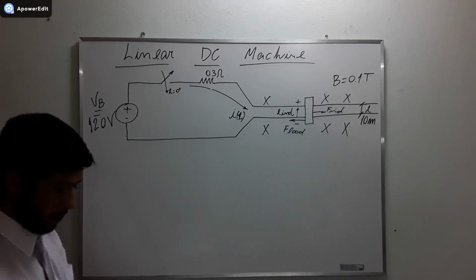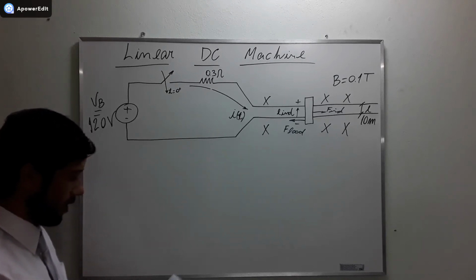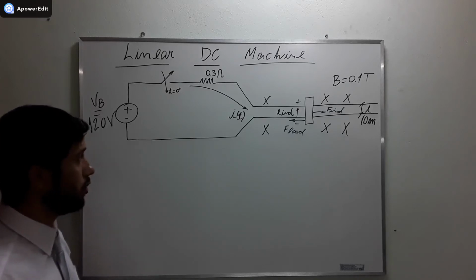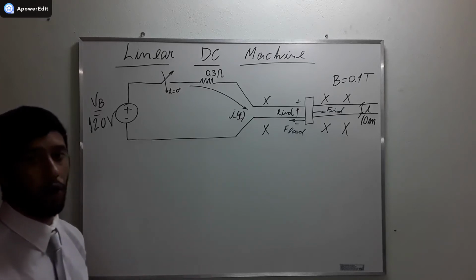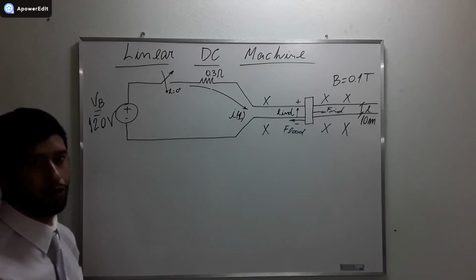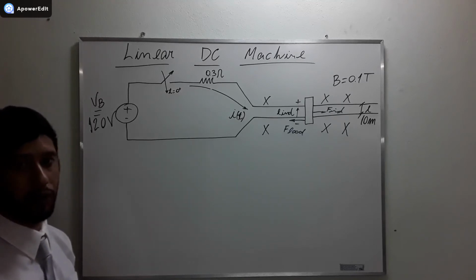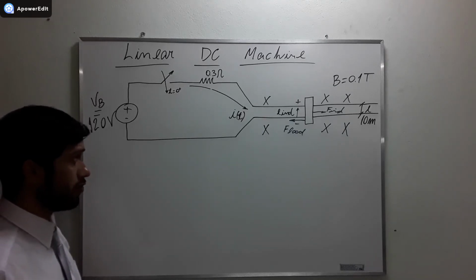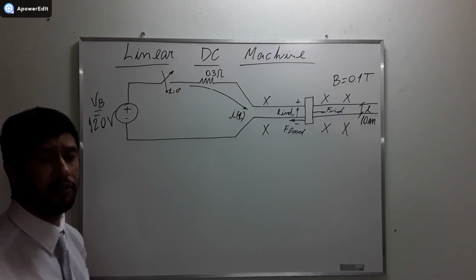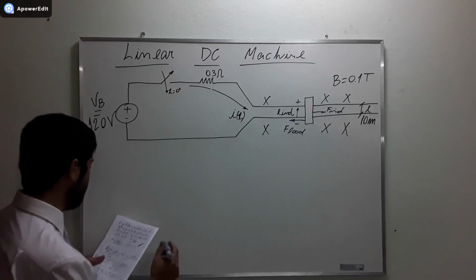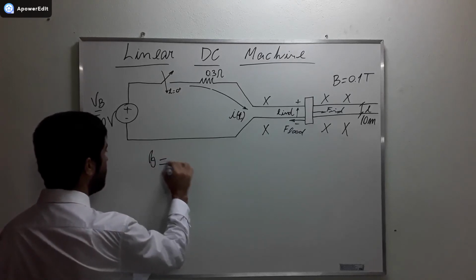So what happens? What happens is that there is going to be a new steady state condition. The machine is going to undergo a transient when it goes from 0.1 Tesla to a place of 0.08 Tesla. There is going to be a transient, and after this transient is passed, a new steady state is going to be reached, and then in this new steady state we're going to have this.